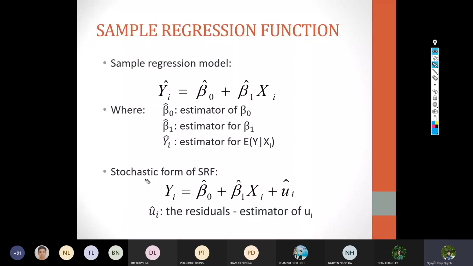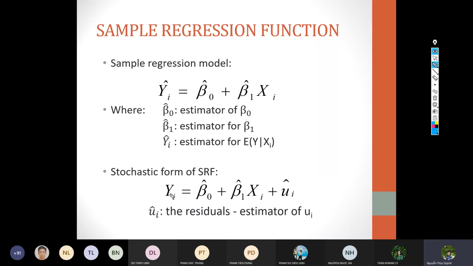The stochastic form also shows the statistical relationship between x and y in a sample. In a sample, for one value of x, you can also observe different values of y, right? And that's why we have the stochastic form of the sample regression model.